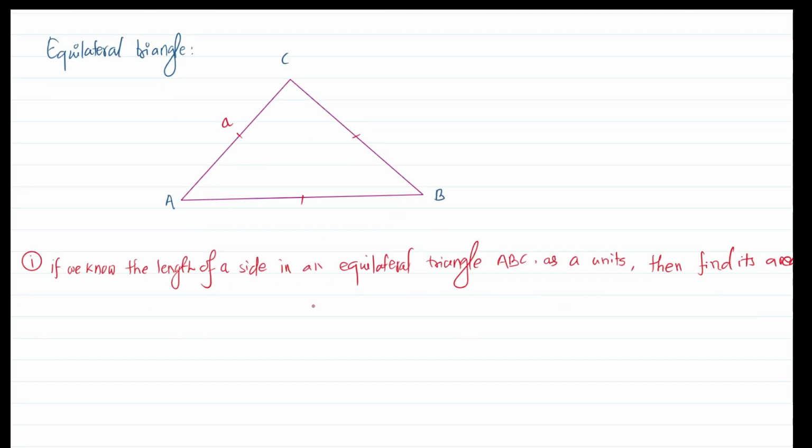This is our main goal, and we do not know how to find the area of this triangle, but we know if we have been given base and height, then we can easily find the area of any type of triangle. We have the formula half of base times height.